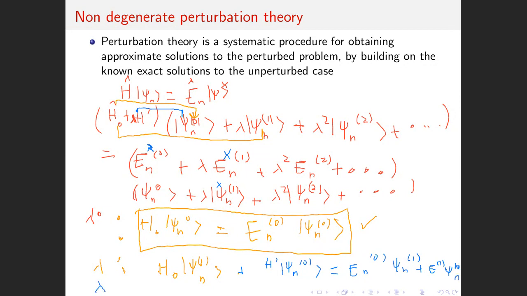And then you can check the terms that are of order lambda squared. So these terms, once you write everything out, you get H0 psi n 2 plus H prime psi n 1 equals En 2 psi n 0 plus En 1 psi n 1 plus En 0 psi n 2.